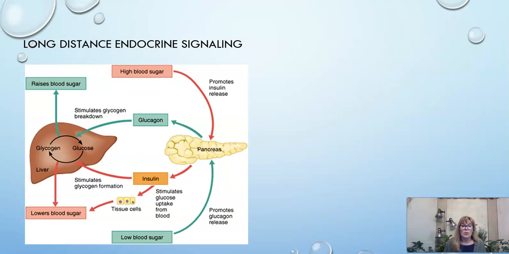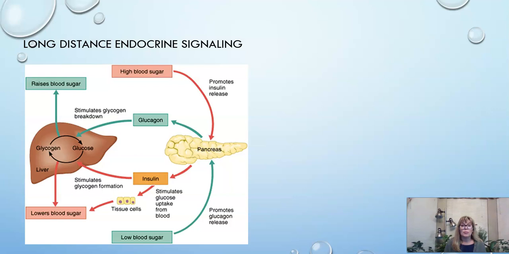Or if it is within the blood sugar itself, it is going to have insulin released, which is going to act as a signaling molecule for your tissue cells to uptake the blood sugar, or the food, if you will, from the bloodstream.